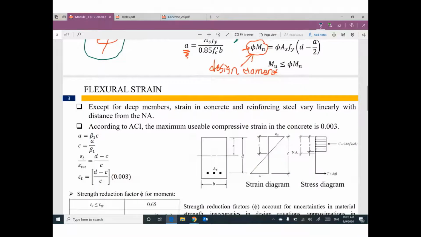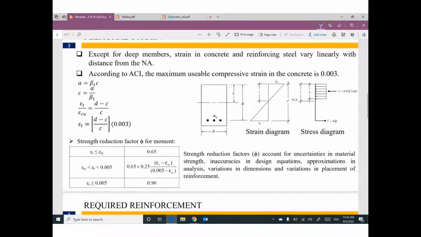Okay, you can figure out the value of phi using this table. Sometimes phi equals 0.65, sometimes 0.9, sometimes something different, based on the strain in the steel reinforcement.